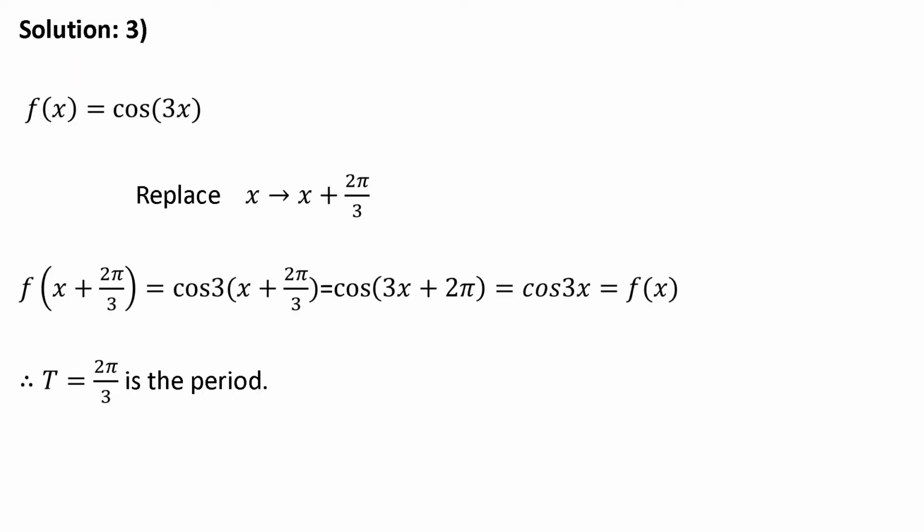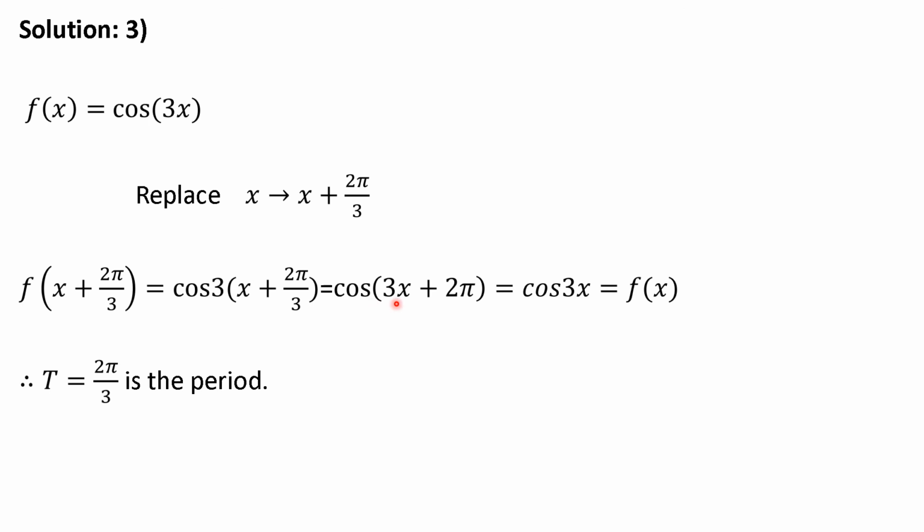Find the period for the periodic function cos 3x. For the function cos 3x, replace x by x plus 2 pi by 3. After replacing x by x plus 2 pi by 3, we have cos of 3x plus 2 pi by 3 into 3, which is equal to cos of 3x plus 2 pi. Cos of 2 pi plus theta, that means first quadrant.